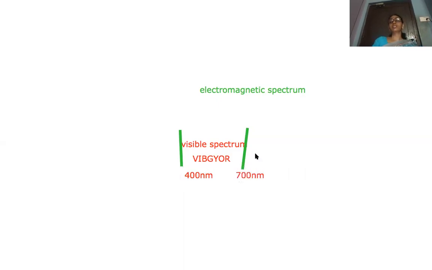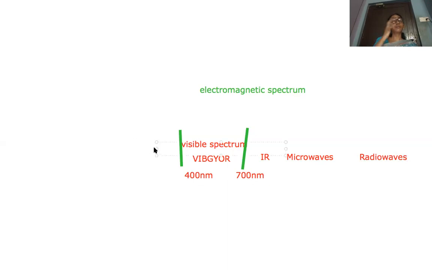Beyond this region, you have infrared radiations, IR. Then after IR, you have microwaves, then we have radio waves. Space is not sufficient there, I'll just pull it out. We have radio waves.